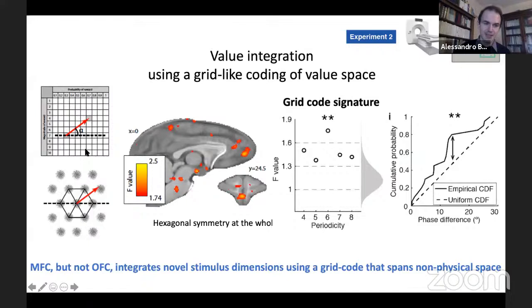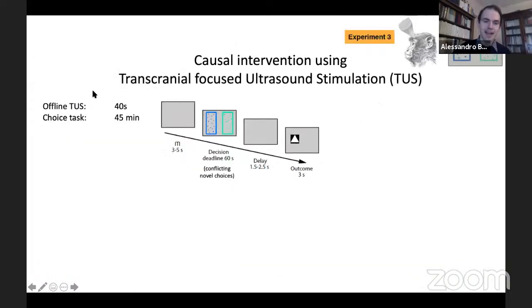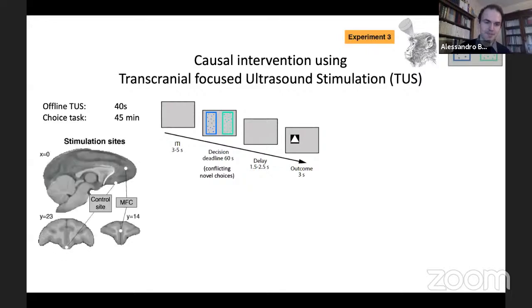So they essentially navigate in this space, even if it's an abstract space composed by the amount of reward and the probability of reward. And then to conclude, we decided to disrupt this network by using transcranial ultrasound stimulation that can be done without invasive surgery, and is equivalent in some sense to TMS, but can reach deeper brain areas.